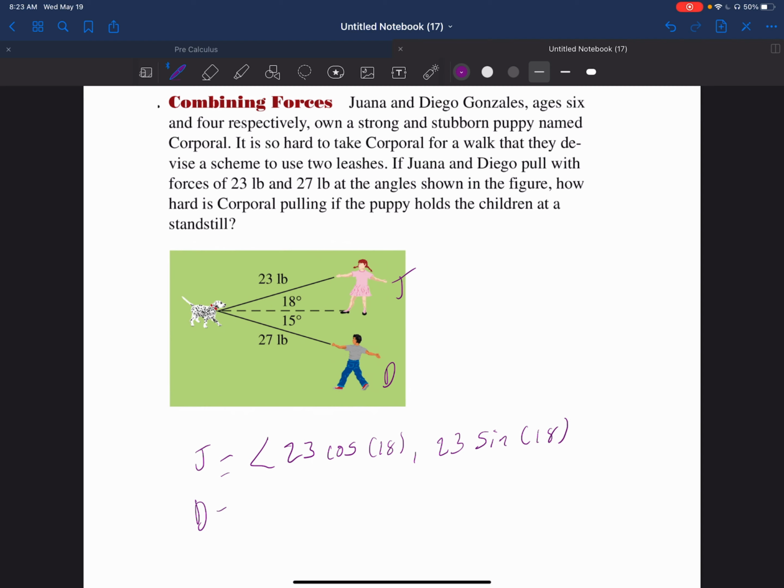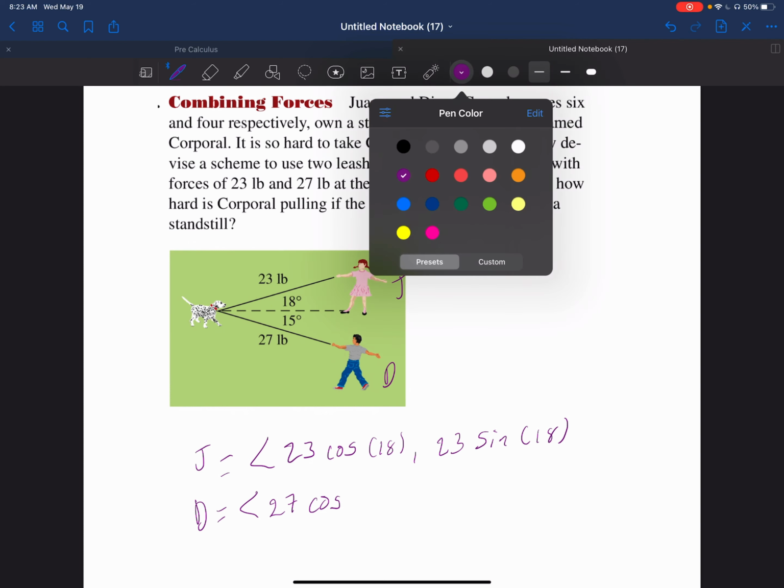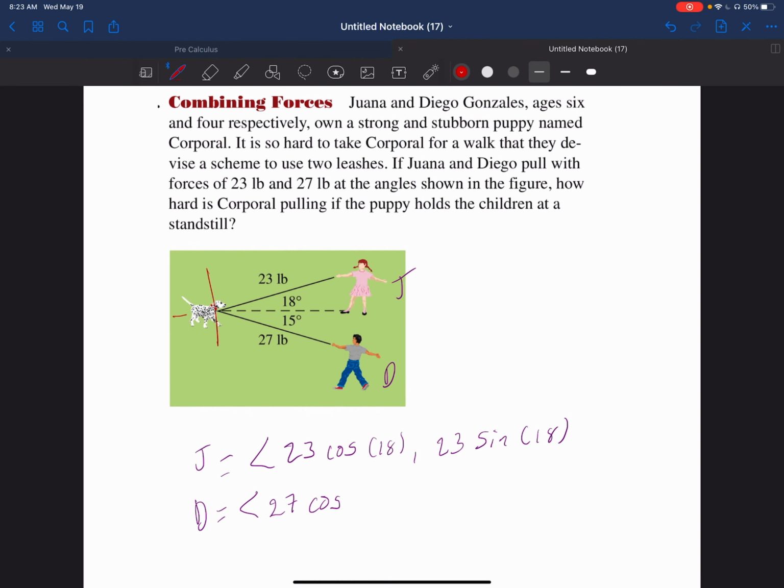And then for vector D for Diego, the magnitude will be 27 because that's how hard he's pulling, times the cosine of the angle of direction. I'm going to bring back my coordinate plane because this is where it's going to change a little bit, because now you're moving from here all the way until there.